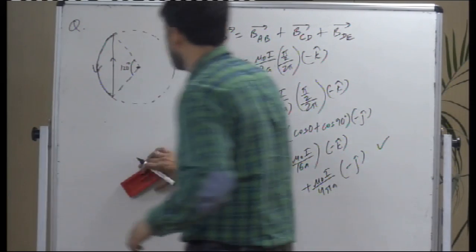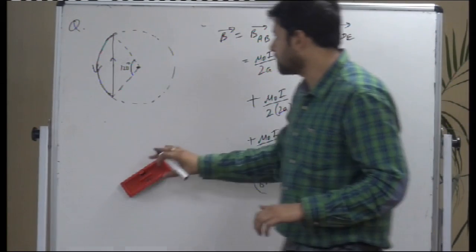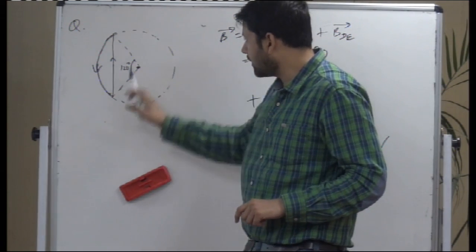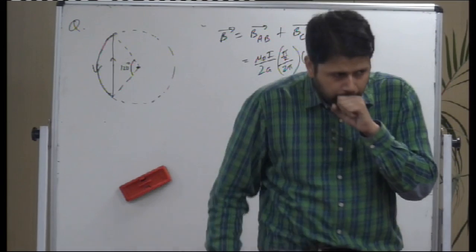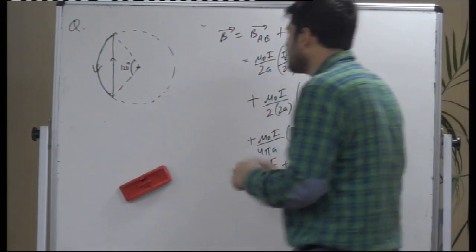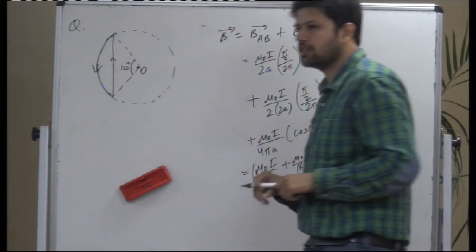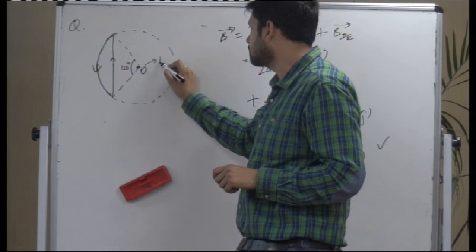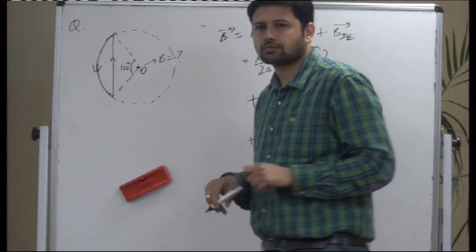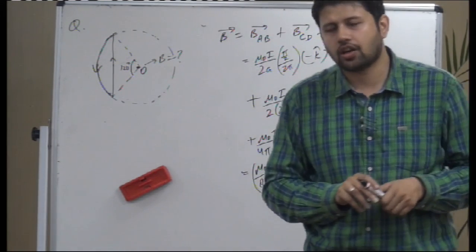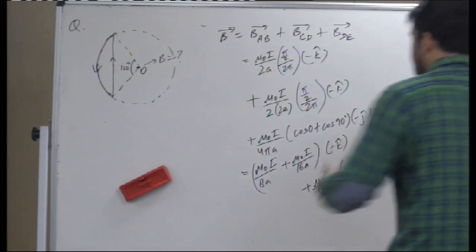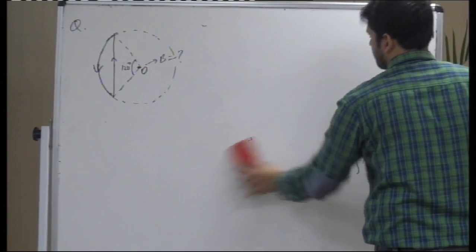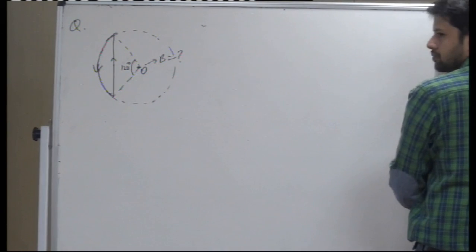Okay, this is the arrangement. What's happening? There is an arc and a straight wire. You have to find the field at O. The angle given is how much? 120 degree. So let's see what happens. Solve it.